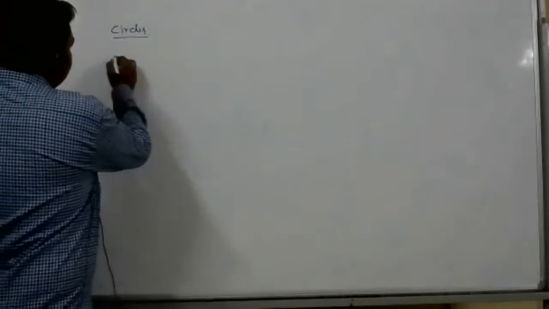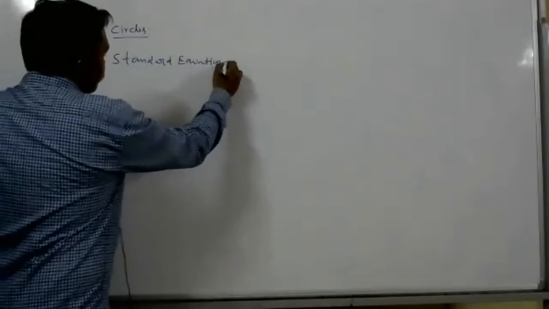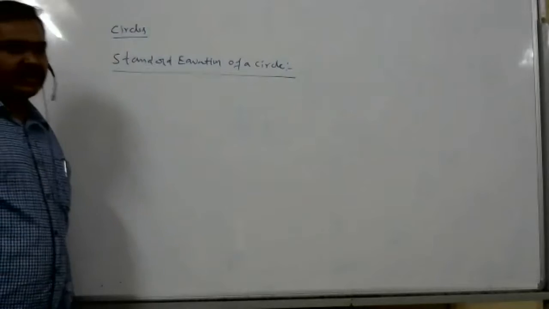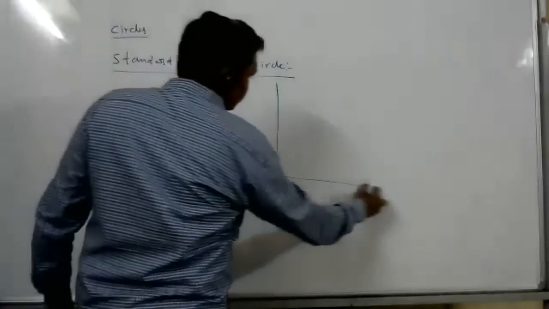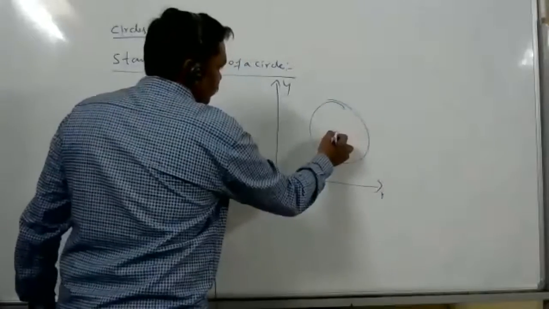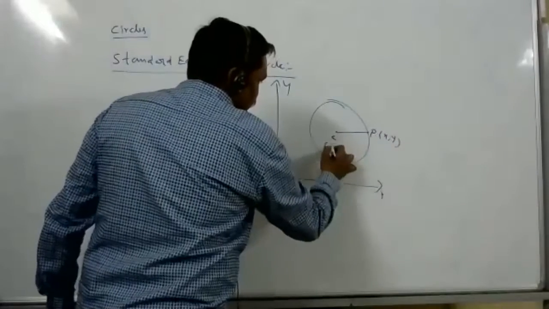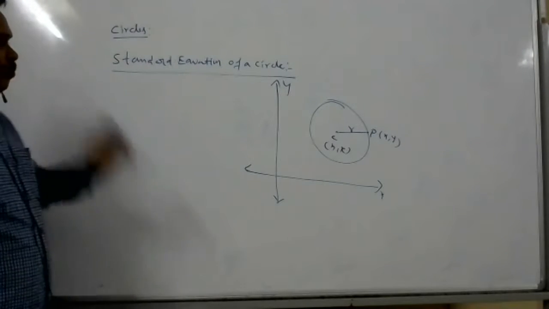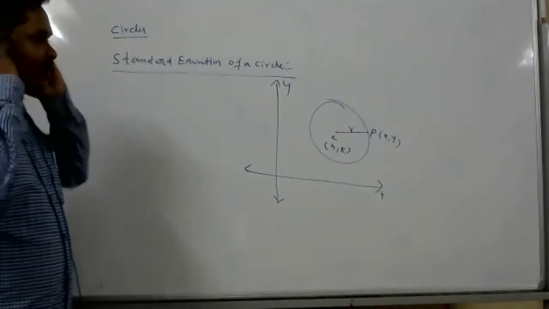Standard equation of a circle. Let us take x-axis, y-axis, and then take a circle. Let P be the point on the circle, and C be the center.